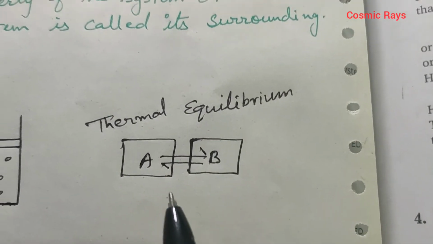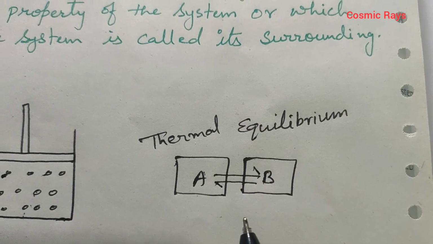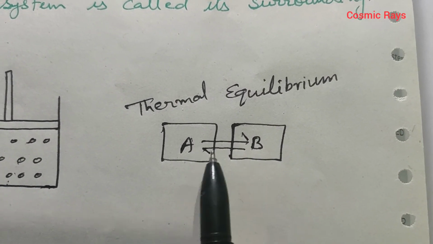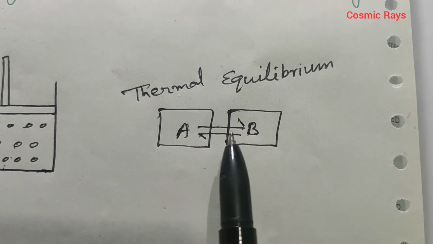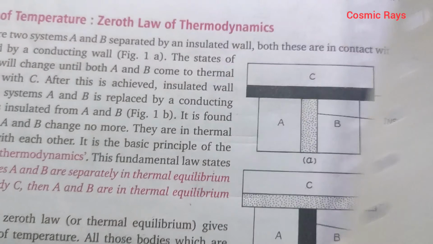So thermal equilibrium is a state where both these bodies have the same temperature, or is a state where no heat flow will take place between these two bodies. So this is all about thermal equilibrium.